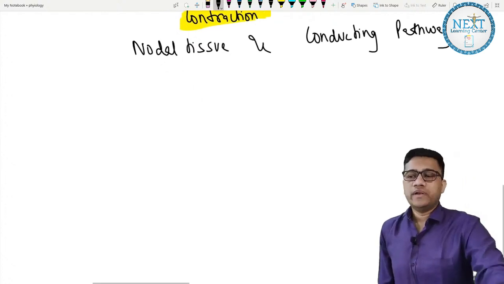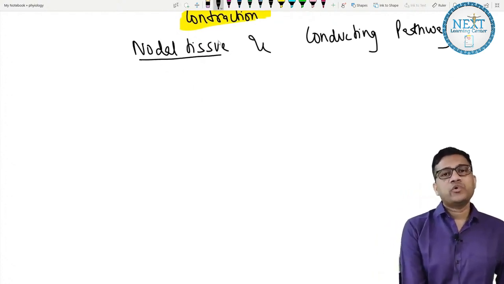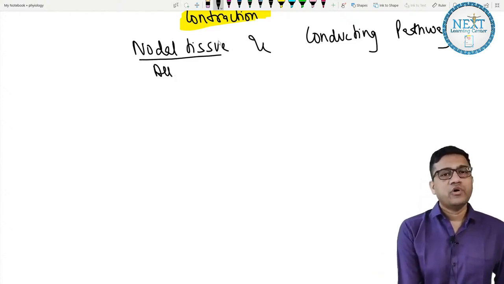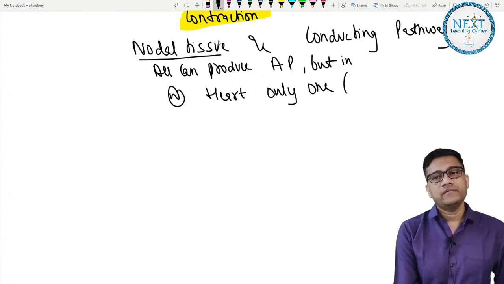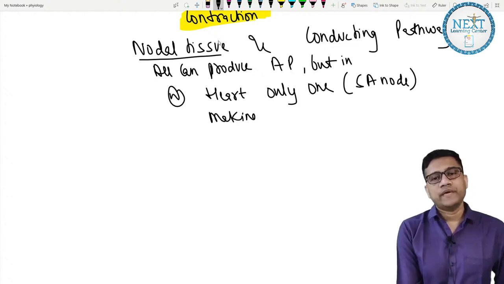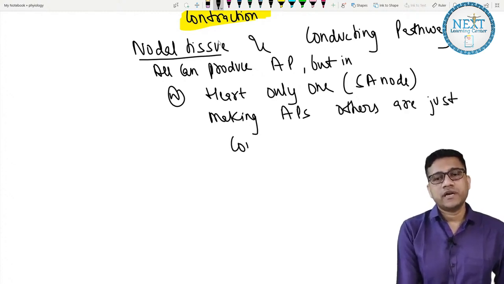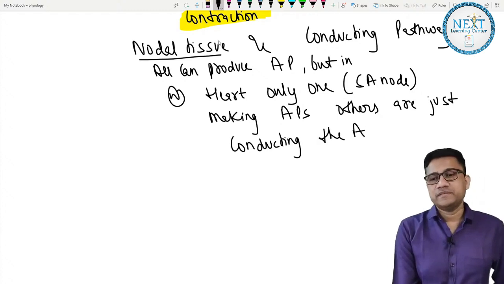Okay, so first remember, all nodal tissue can produce APs, but in a normal heart only one, the SA node, is making APs, and the others are just conducting the APs.